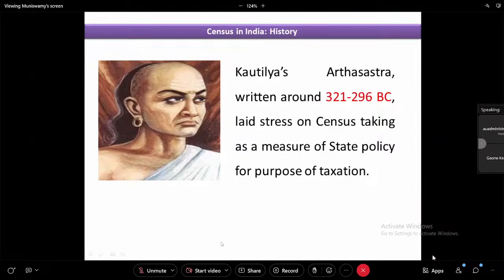We also have to provide some facilities to the public. Not so easy. But how can we survey? How can we provide health facilities? How can we provide sociological aspects and activities? So administrative facilities are provided by gathering the data.